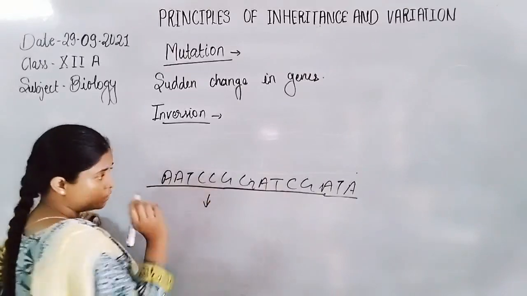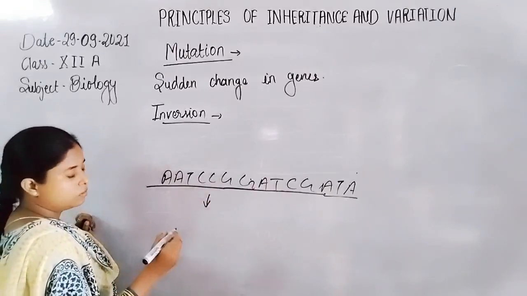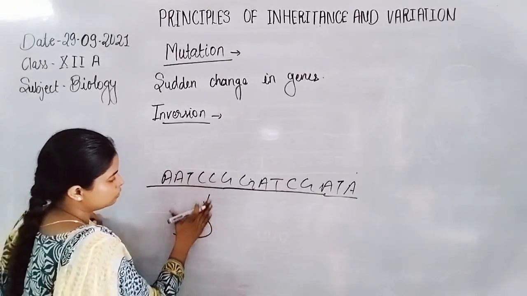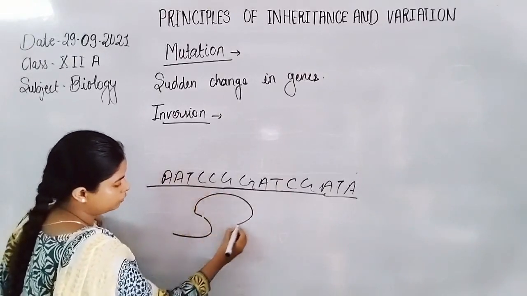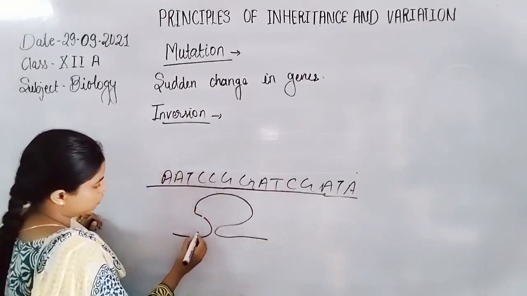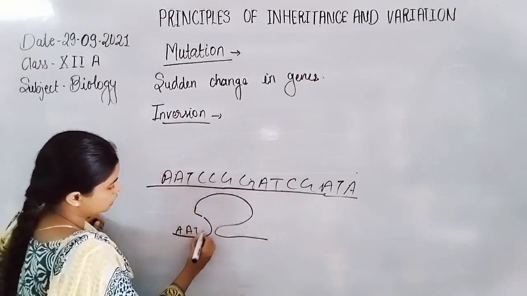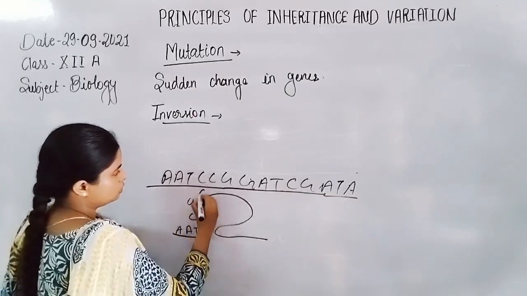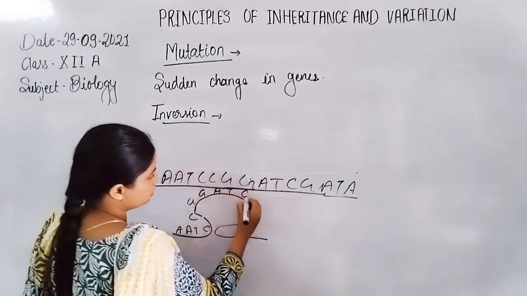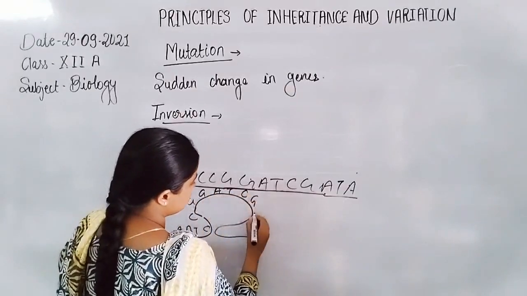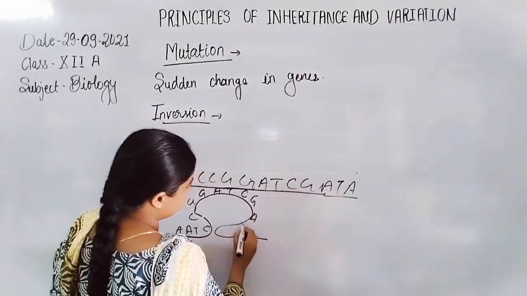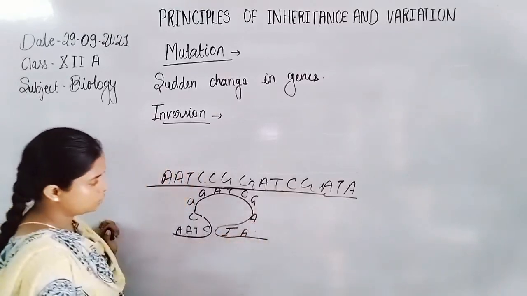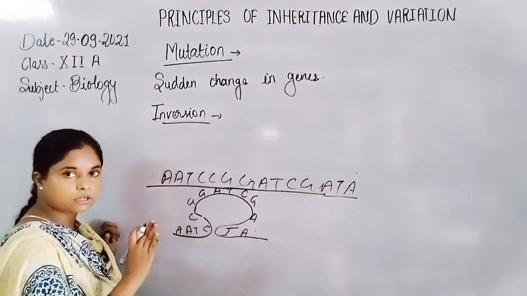Now if the inversion takes place, the folding of DNA also takes place. Now A, T, C, C, G, G, A, T, C, G, A, T, A, ATA. Now this is the sequencing.